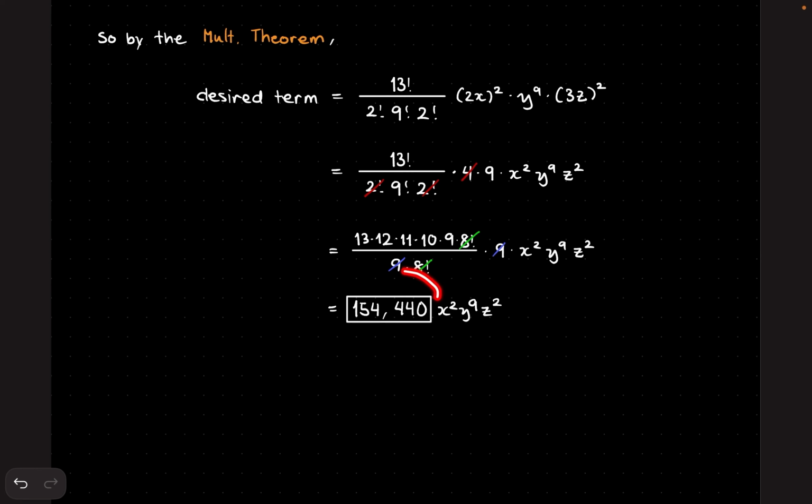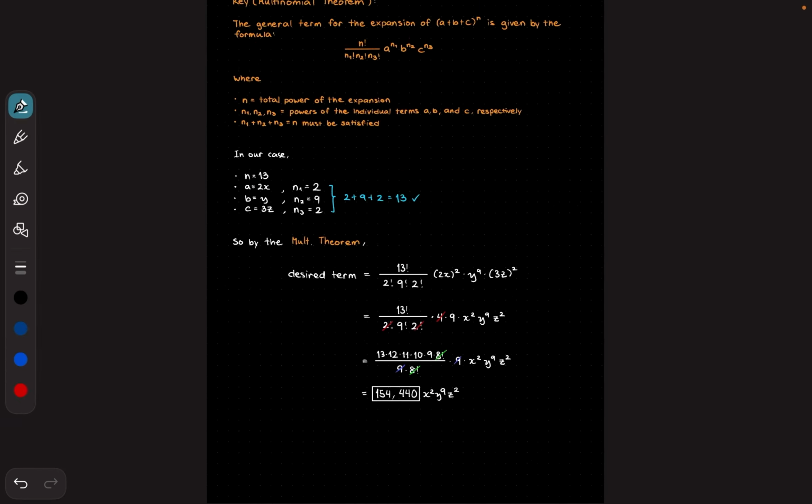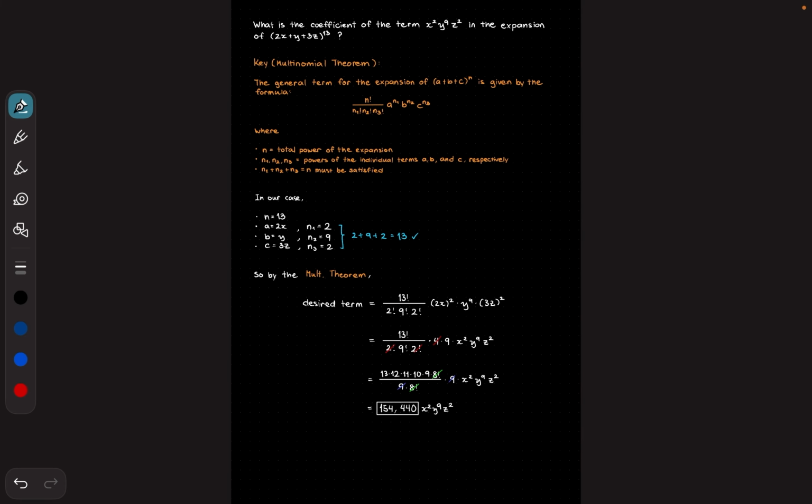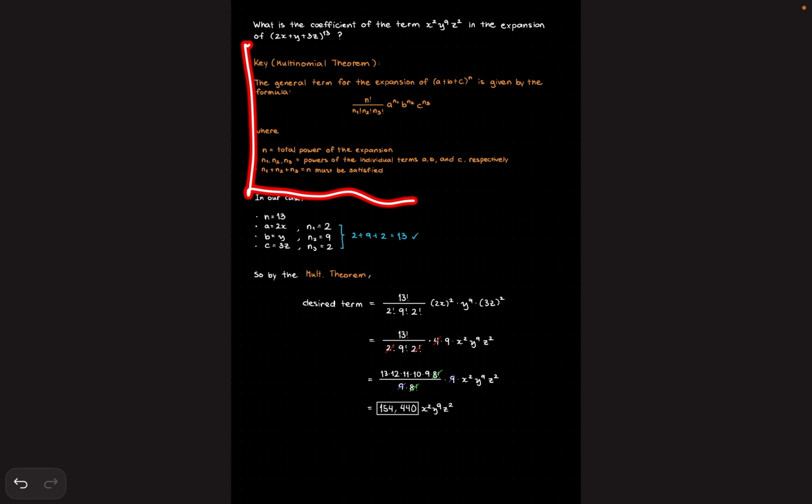This is the answer we are looking for. Pretty nice. So that's essentially it. For this kind of problem, all you need to do is take note of this key tool, and then it just flows smoothly from that. So the answer for this problem is 154,440.